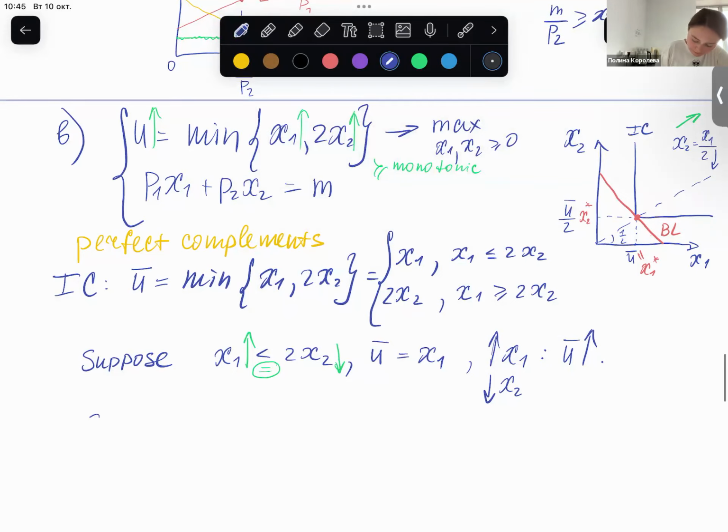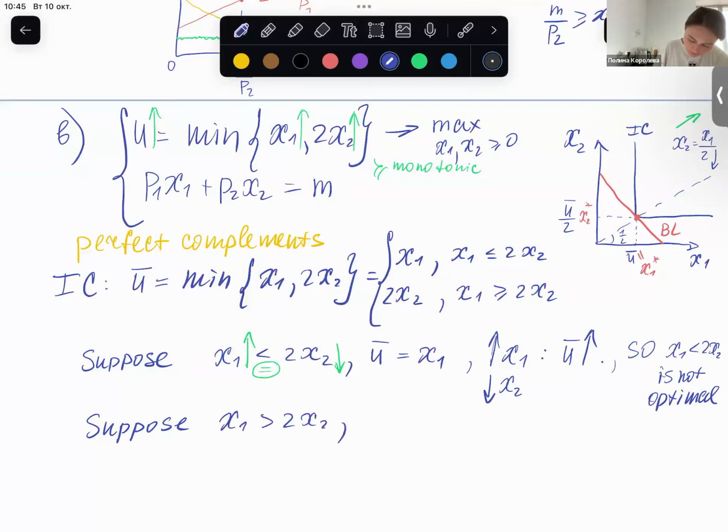And vice versa. So such a situation is not optimal. So x1 less than 2x2 is not optimal. Now, suppose vice versa, x1 bigger than 2x2. In this case, the utility equals the minimum, 2x2. So we can improve such a situation.